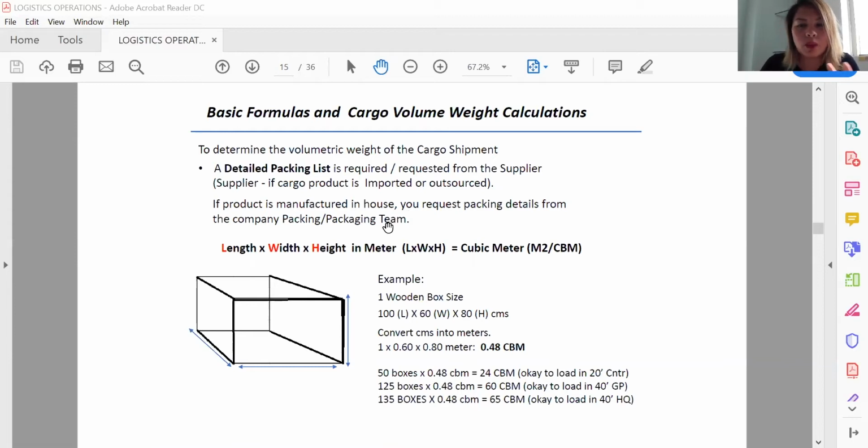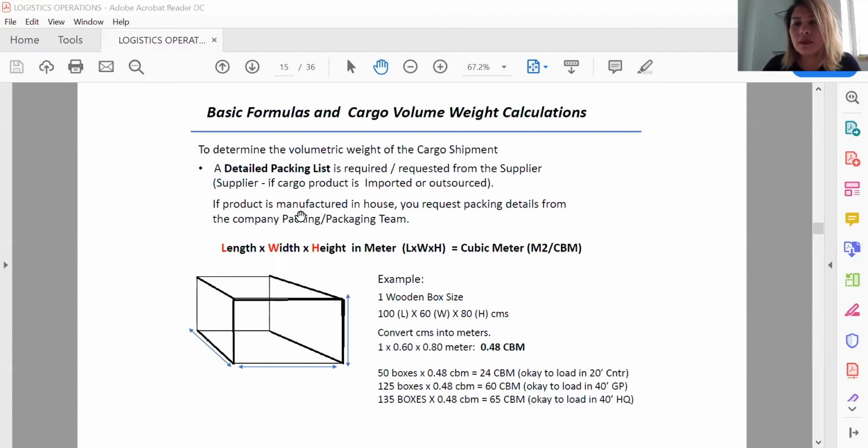Okay, so without so much talk now, let's do it. To determine the volumetric weight of the cargo, before you are able to give quotations to your estimation department or to the project manager or to the accounts manager, whoever requested that information, they want you to give them the cost.